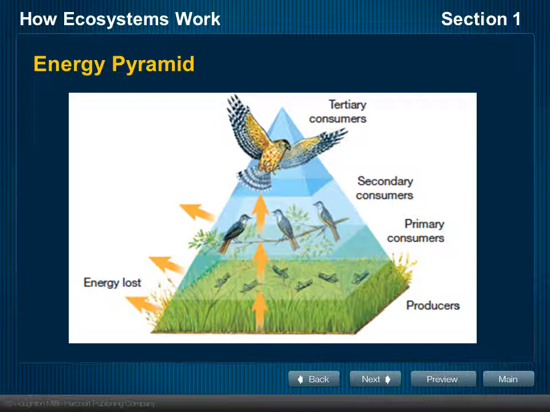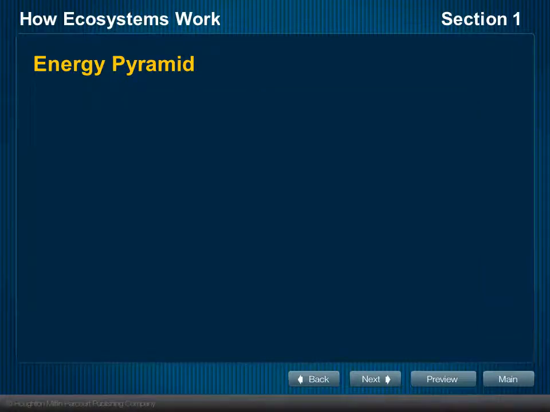You can see in this pyramid off to the left as well, every time you go up one level you have some energy that's lost. That's the energy lost due to heat. So again, there are fewer organisms at the higher levels, not because of any other reason. It's a function of the fact that there's less energy available at those higher levels to support the numbers of organisms there.